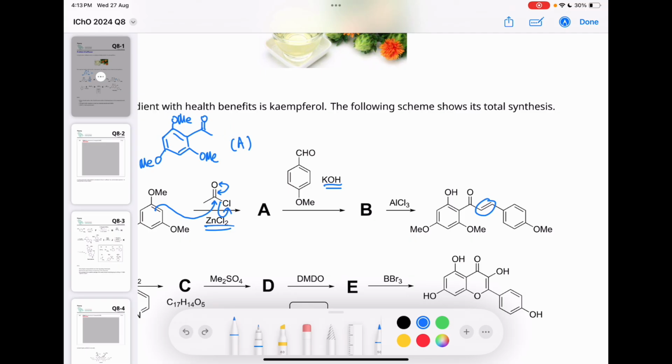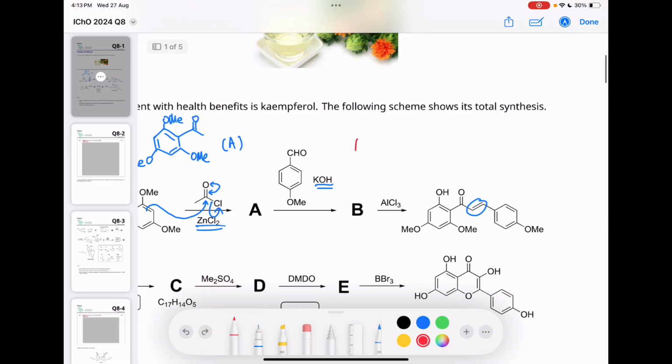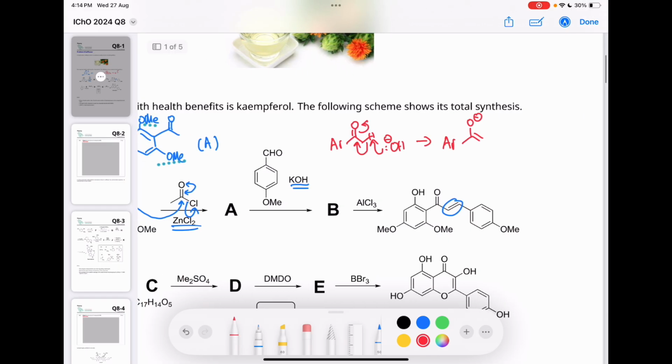So if I draw the mechanism, it will be something like this. I'll just represent this with Ar. The OH minus, the lone pair, comes in and grabs this acidic hydrogen, and then you will form an enolate ion. This enolate ion then attacks, I'll represent this with Ar as well, your aldehyde here.